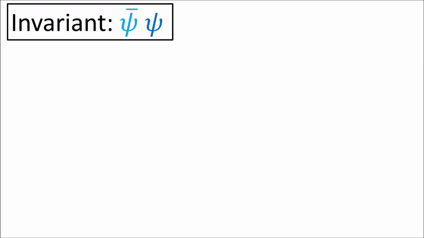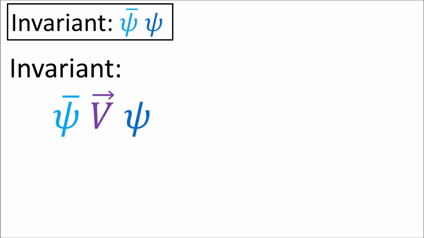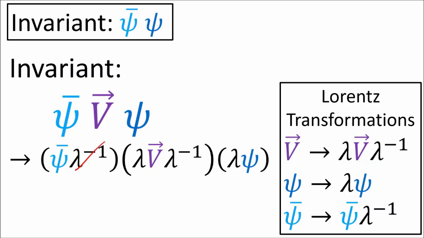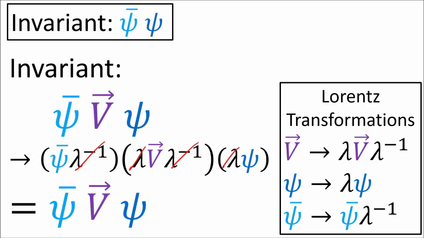Next, I'm going to talk about the Dirac equation's conserved current. We know that psi bar psi is a scalar that's invariant in all coordinate systems. But given any vector v, the combination psi bar v psi is also a scalar that's invariant in all coordinate systems. This is easily checked using our Lorentz transformation rules.